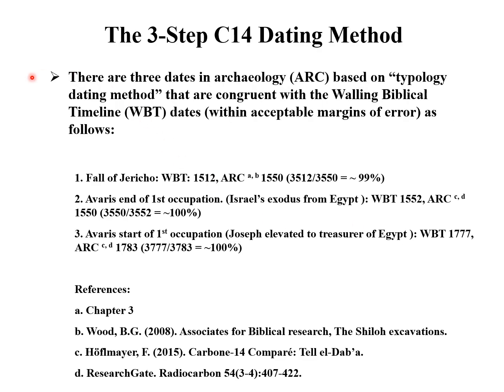There are 3 dates in archaeology based on the typology dating method that are congruent with the Wallen biblical timeline dates within acceptable margins of error, as follows. And we talked about this earlier. The fall of Jericho is the first, then the end of Avaris' first occupation and the start of Avaris' first occupation, and they're spot on, complementing one another, validating one another.